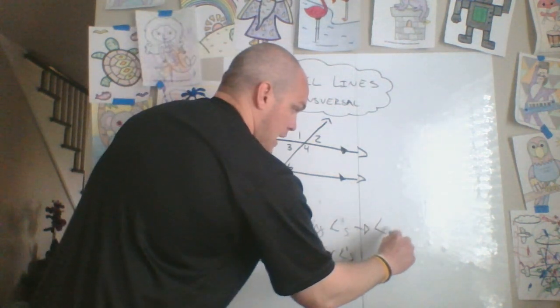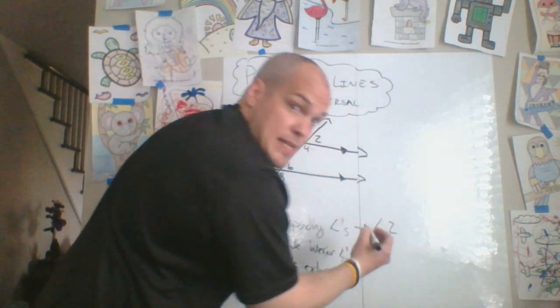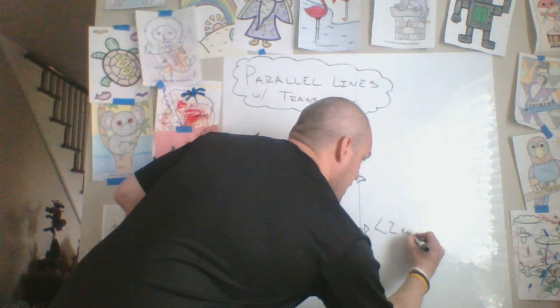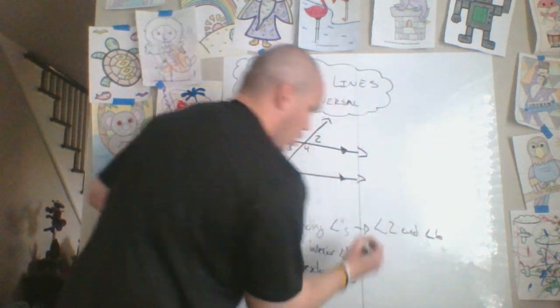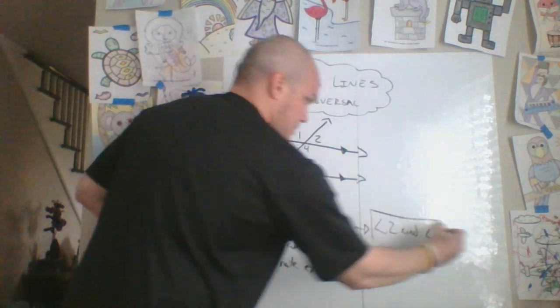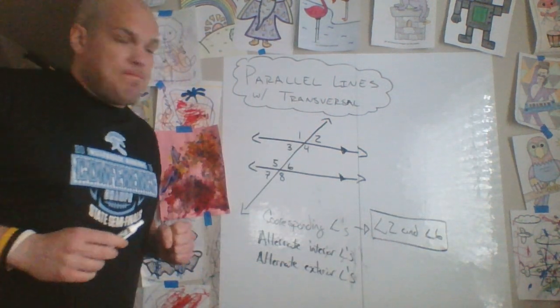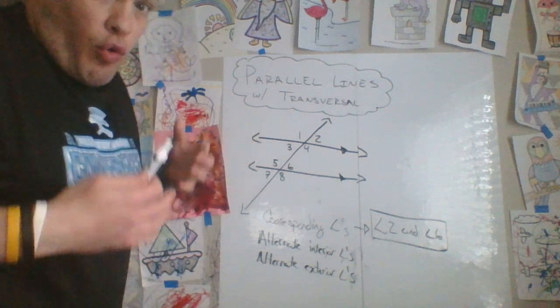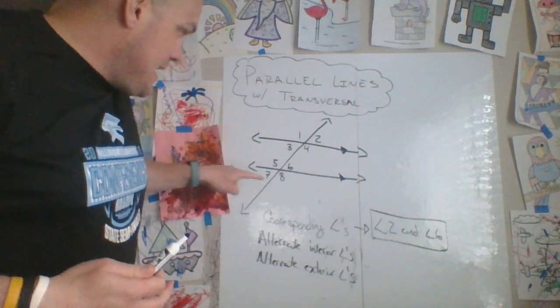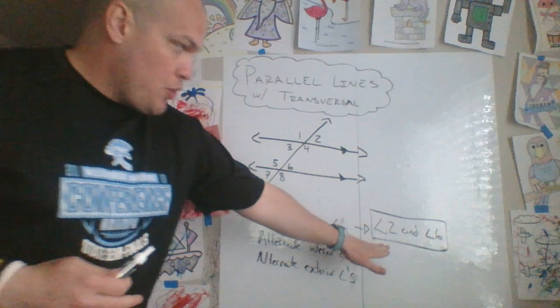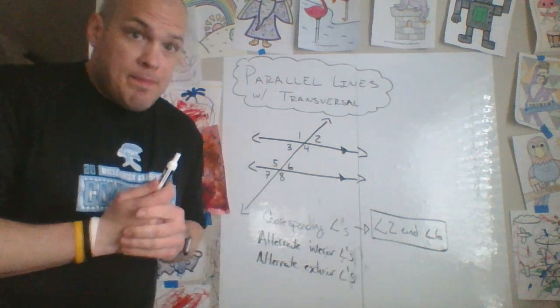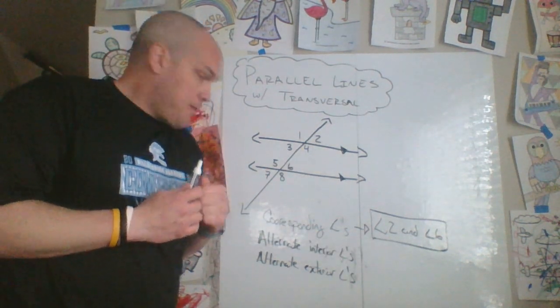So we would say that angle 2 and angle 6 are corresponding. Those are corresponding angles. Now, 1 and 5 are corresponding angles, 3 and 7, and 4 and 8. But I'm only going to show you and write down the one grouping. But all of those are corresponding to each other.